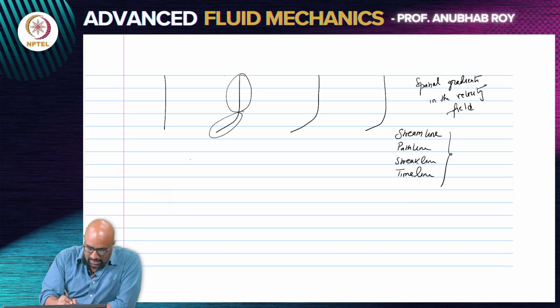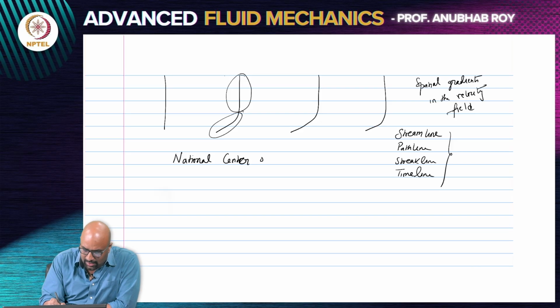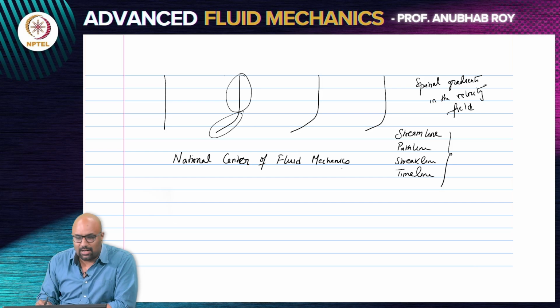So I'll share a set of videos which are actually very popular. They were shot long back. I think it's the National Committee for Fluid Mechanics Films, NCFMF. Fluid mechanics videos, which you can find on YouTube.